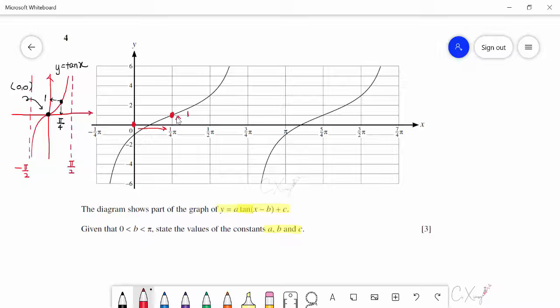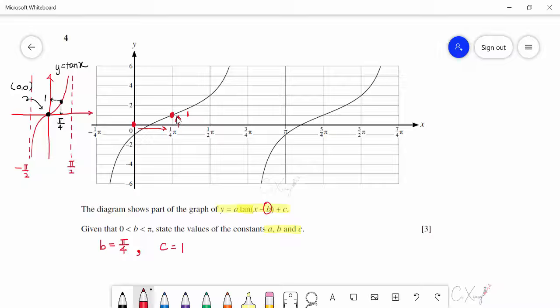So this tells us that b is the number of units that we move the graph in the horizontal direction. So b here will be pi over 4. And of course from here you can also observe that the graph is moving up 1 unit, so c will be positive 1.